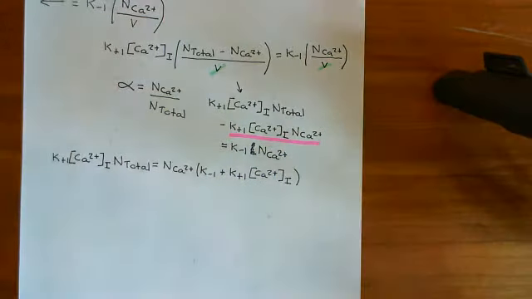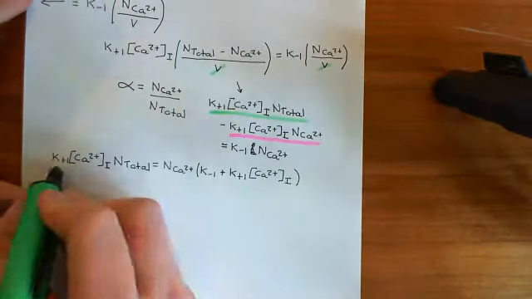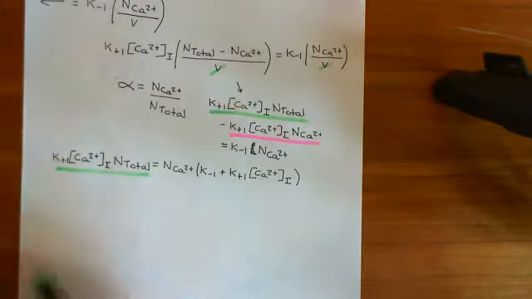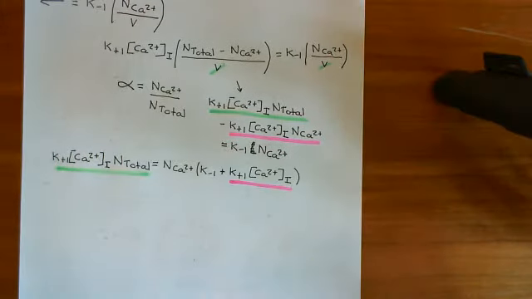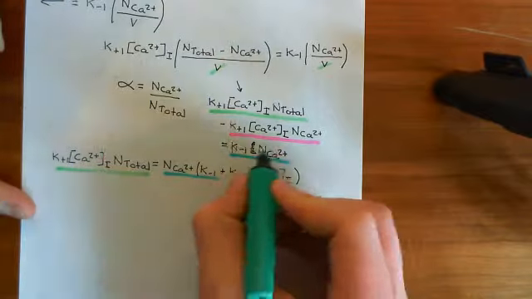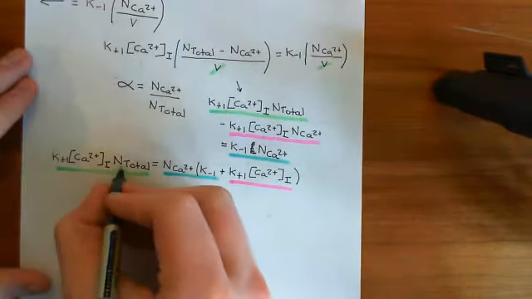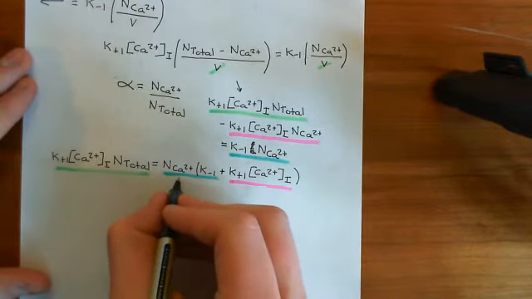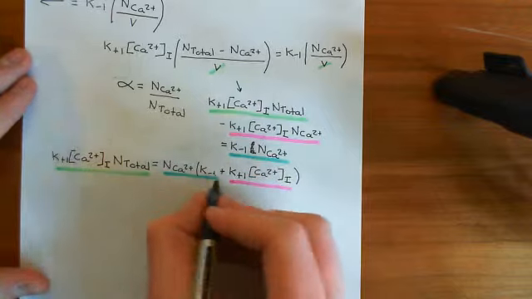So this portion here has come from here, this bit has come from that purple bit, and this portion has come from this portion here. Now what I can do is divide through by N total on this side, and then divide through by this thing here.